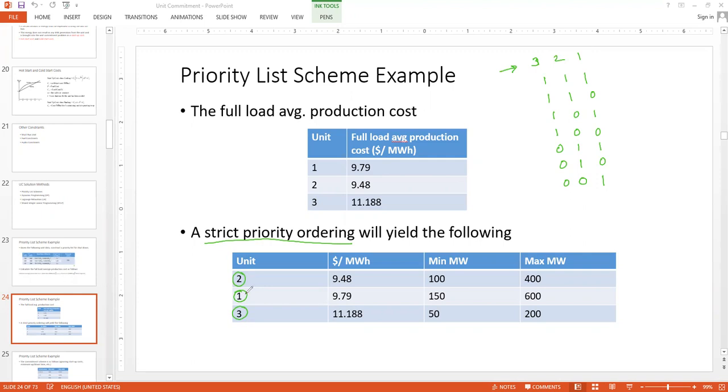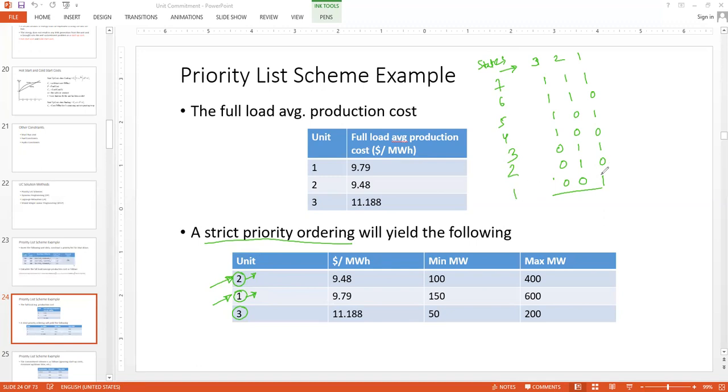Unit number 2 is the top priority, so I cannot go for unit number 1 whenever unit number 2 is off, because unit 2 is of higher priority than unit number 1. So if we look at the states, let's say these are the states 7, 6, 5, 4, 3, 2, 1.